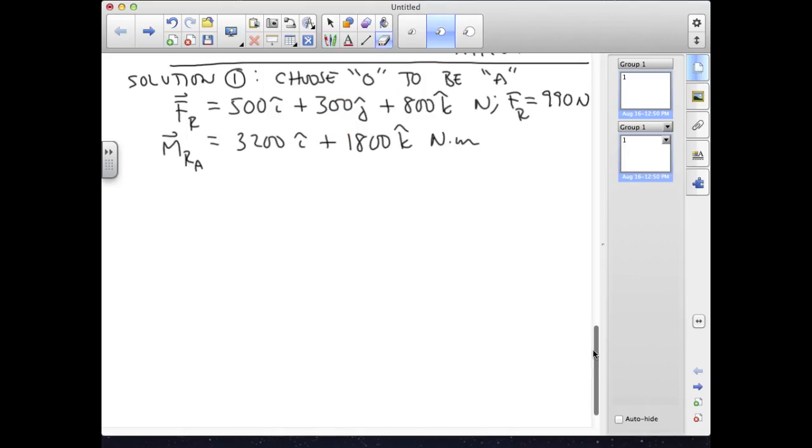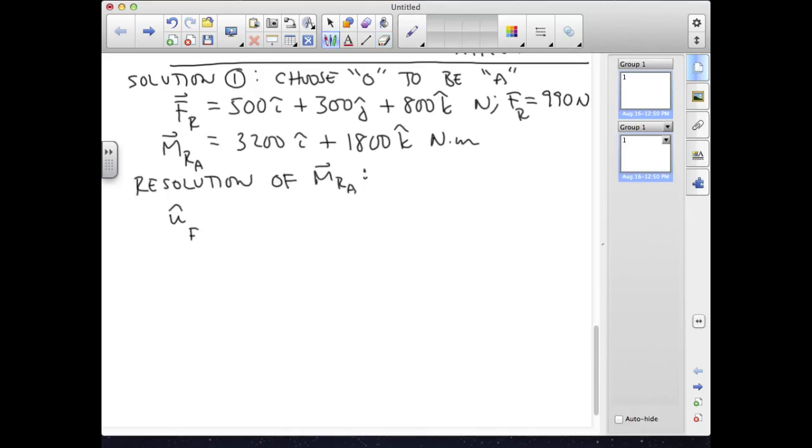Our next step then is to resolve the resultant moment into components parallel and perpendicular to the resultant force. So I can define a unit vector that points along the direction of the force, and those components end up being equal to 0.505I plus 0.303J plus 0.808K.